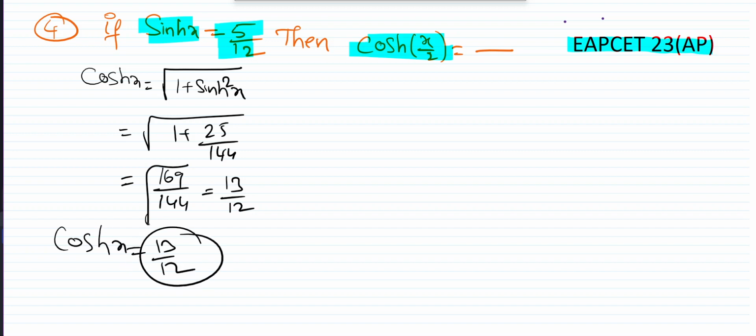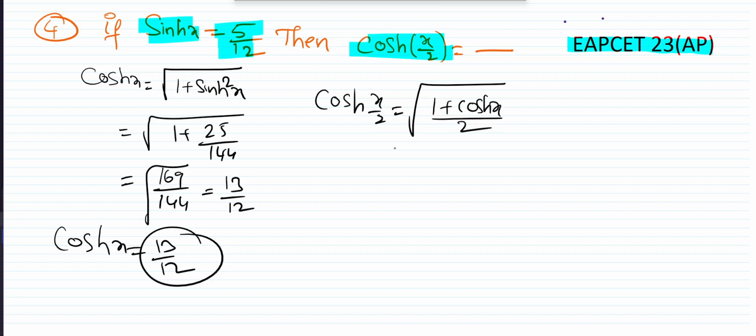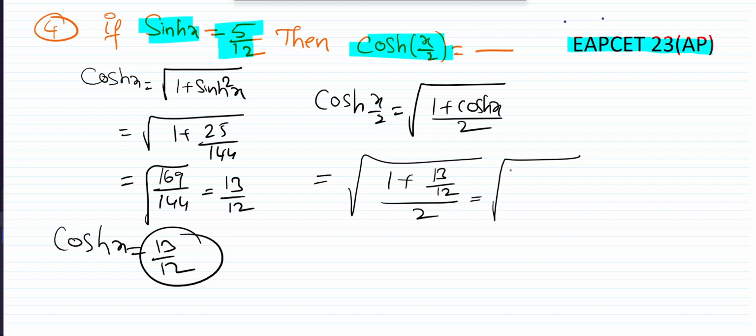So now we find cosh x by 2. That means cosh x by 2 is equal to, this is the formula, under root of (1 plus cosh x) by 2. Substituting in this, that is 1 plus cosh x value 13 by 12, by 2. That is equal to under root of (12 plus 13) by (2 into 12).